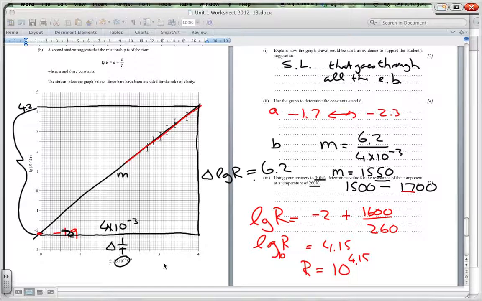So I say 10 to the power of 4.15, close brackets, and I'm getting about 14,125 would be the value for the resistance of that. So it's 14,125 would be that value.